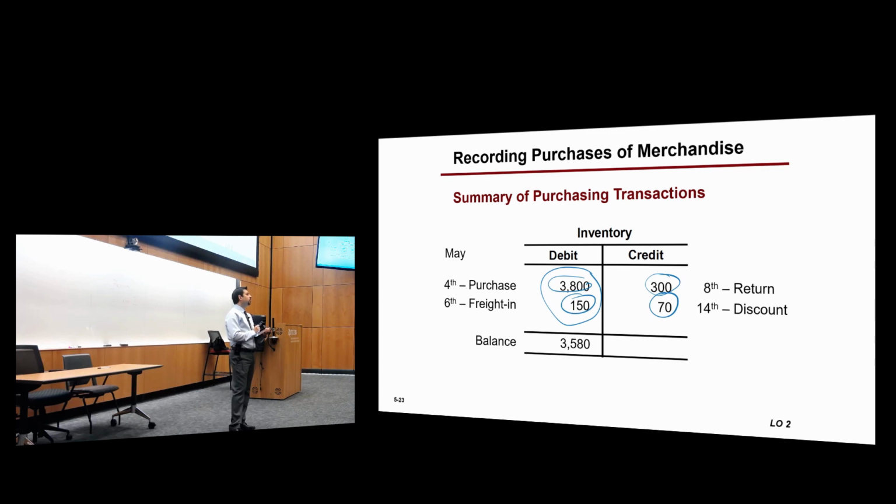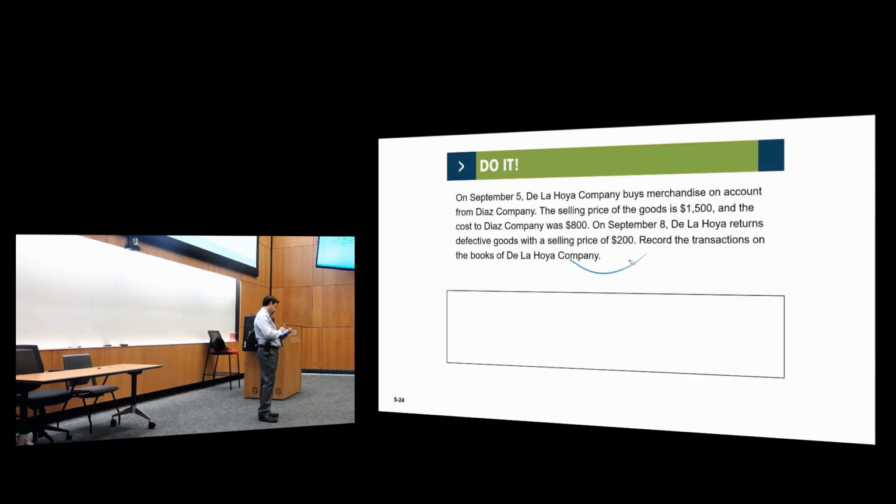So the cost of those products that the company purchased is 3,580. If you bought, for example, 10 items for this value, each one of them would be 3,580 on average. We will learn later on how to calculate the actual cost. But think about it this way, for now.